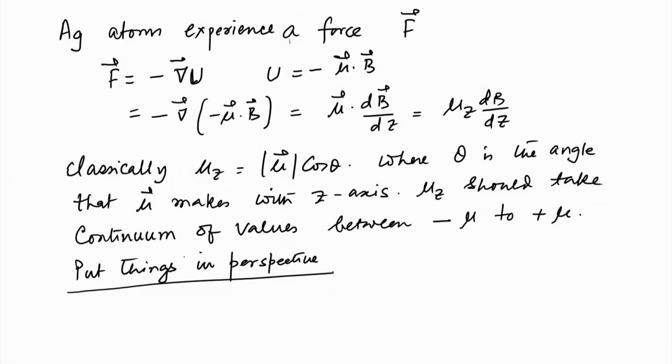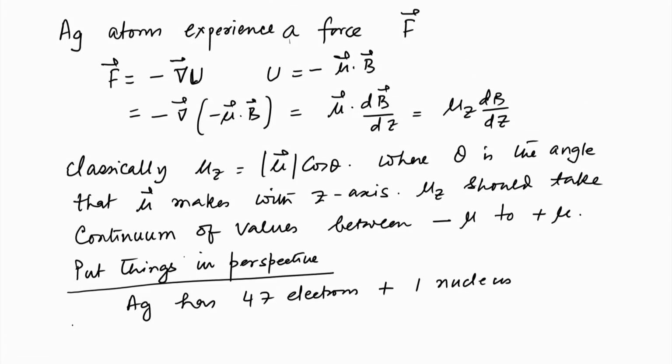And for that, silver has 47 electrons, and of course, we will say that there is a nucleus, and how that comes into the discussion we will just see.